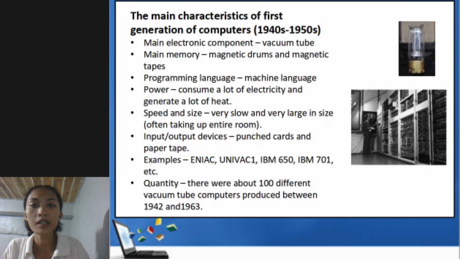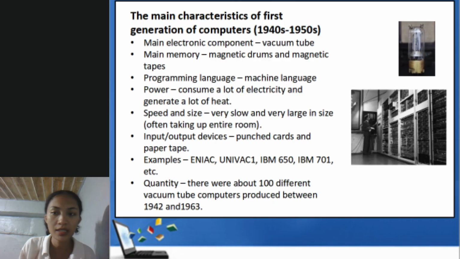The main characteristics of the first generation of computers, from the 1940s to the 1950s: The main electronic component is the vacuum tube. The main memory: magnetic drums and magnetic tapes. Programming language: machine language. Power: it consumes a lot of electricity and generates a lot of heat, which is a disadvantage of that time.